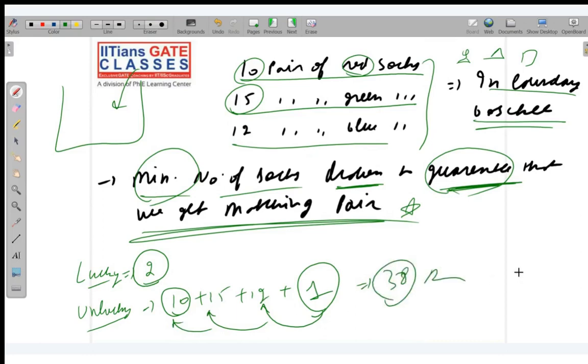Sir, if it was identical, then... If it was identical, then the problem will be a different kind of thing. Then what we will say, so we have 10 pairs of identical red socks now. So I will take only one sock from here. Because the moment I pick the second, then it will be a different kind of question.